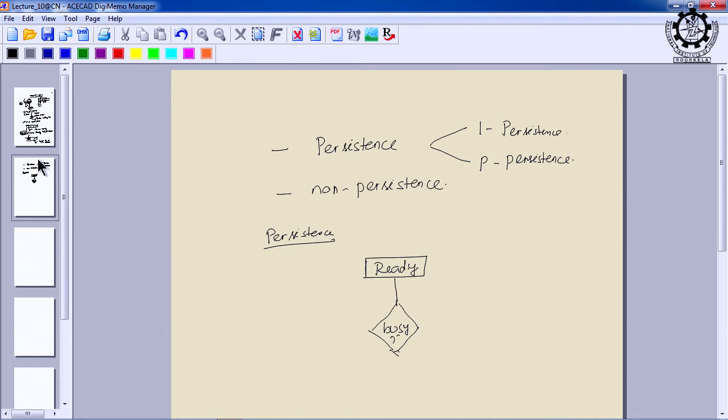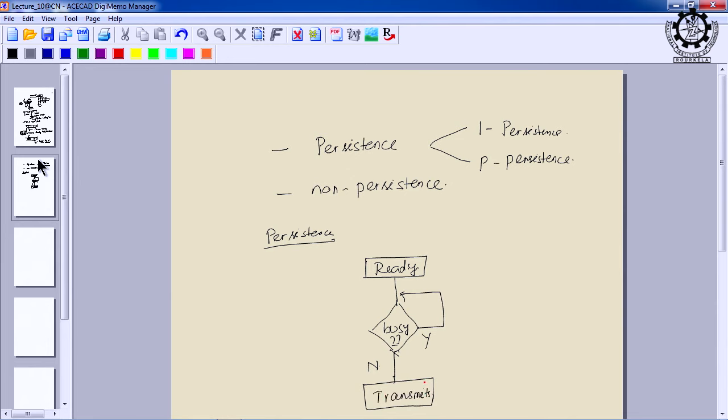If it finds it busy, it again senses it. If yes, it continues to sense the channel to find its busyness. If it finds no, it is not busy, that means it is idle now, it starts transmitting.